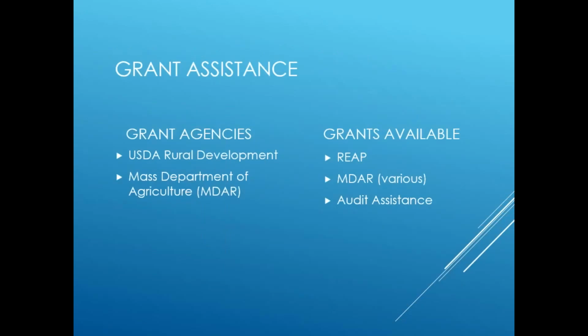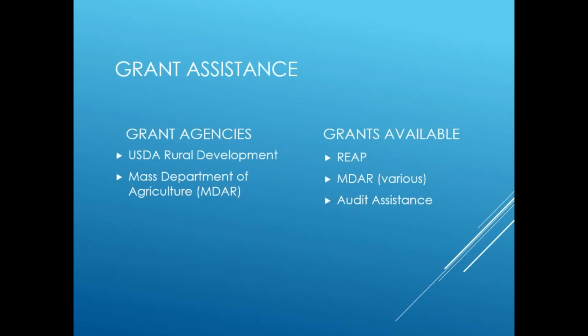All right, so just to give an overview a little bit about the Massachusetts Department of Agriculture and the Massachusetts Farm Energy Program, which is overseen by the Center for Ecotechnology, that is who we are representing today. We have grant assistance for entities that are looking to secure REAP, MDAR grants, and then audit assistance as well.